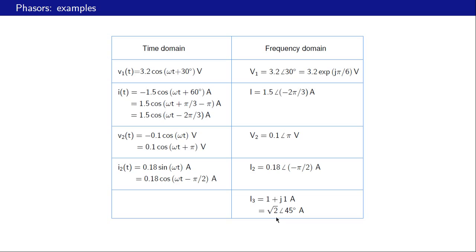So we have square root 2 angle 45 degrees, and this we can write in the time domain directly like that. So I3 of t is square root 2 cos (omega t plus 45 degrees). And remember always that this omega t is implicit, so we don't write that in the phasor, but we understand that it is always there.